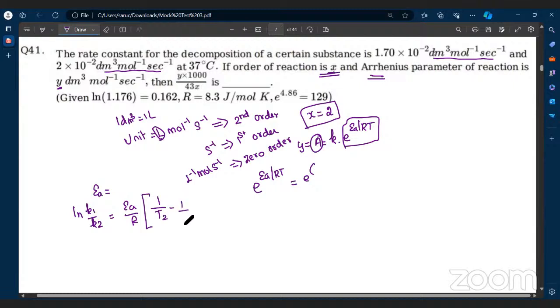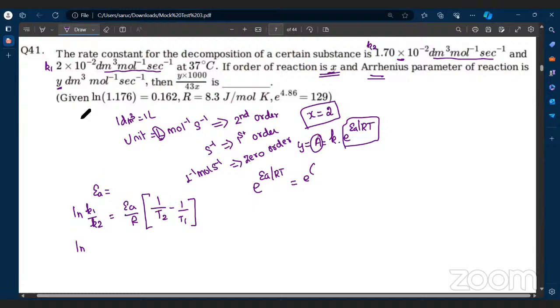Using this, since you have two rate constants given, you can evaluate Ea. So now just substitute and evaluate Ea. I am taking this as K1 and this as K2.